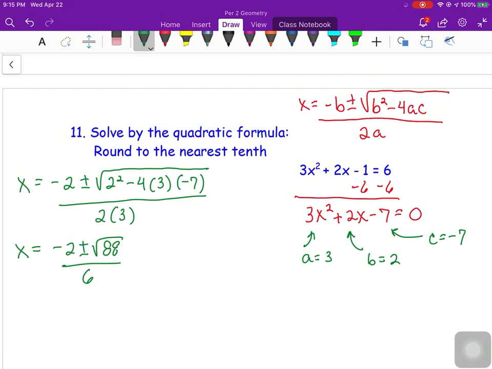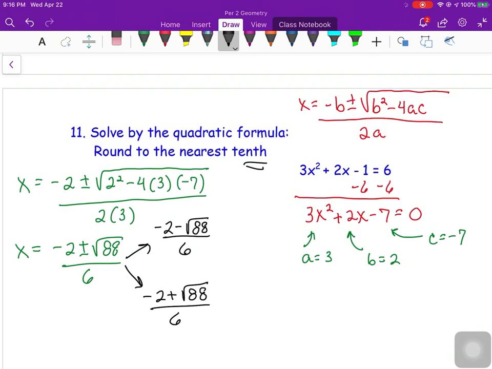And actually, there are two answers. One answer is when we use the minus sign, negative 2 minus the square root of 88, all over 6. The other is when we use the plus sign, negative 2 plus the square root of 88, all over 6. It asks us to round to the nearest tenth.